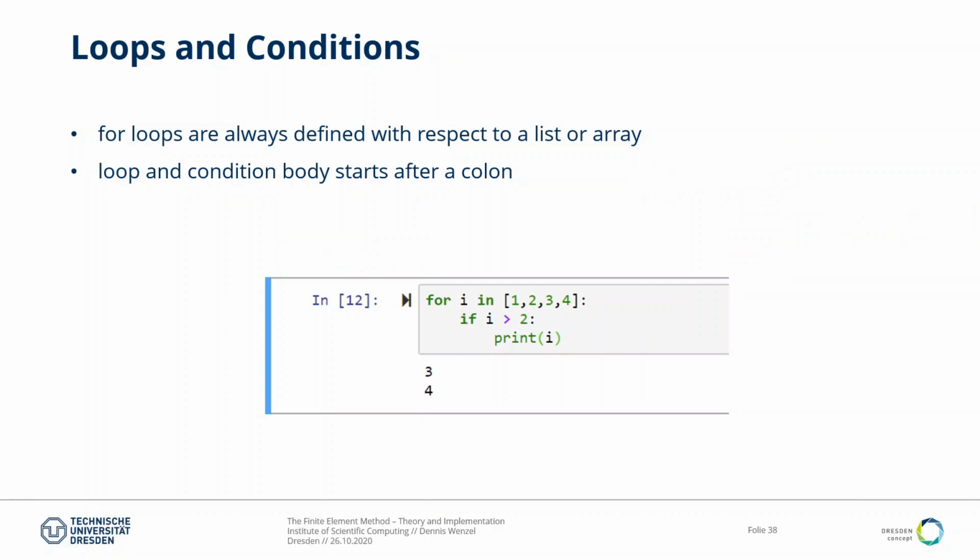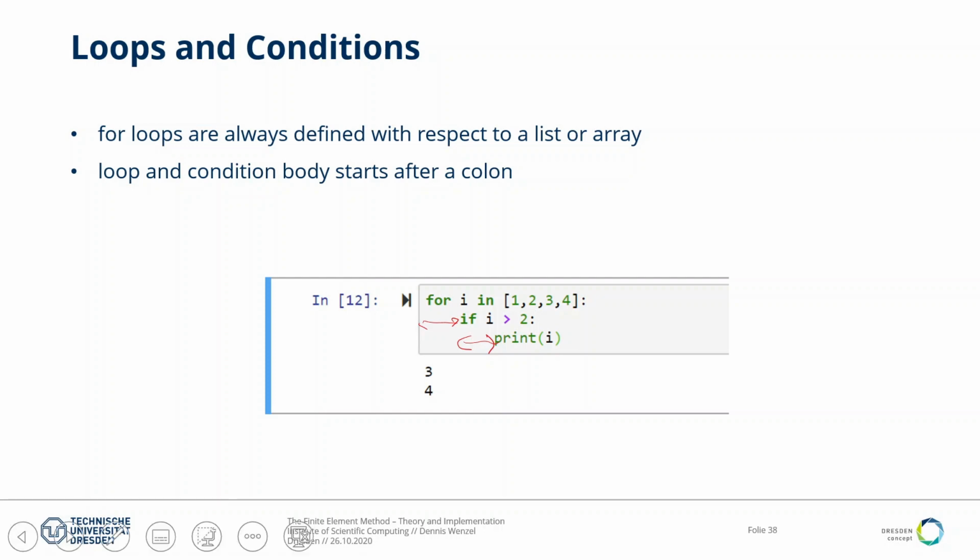So if my number I fulfills a certain condition, then I want to print it. And you see, not very surprisingly, it prints only the numbers 3 and 4. What you see here is also that there is an additional level of indentation, because now this one here is for the inside of the for loop, and this one here is for the inside of the if clause. You can play around with this a little more, but this is the rough idea of it.